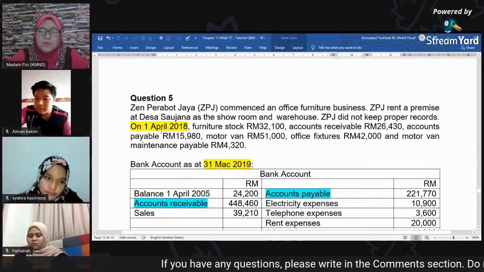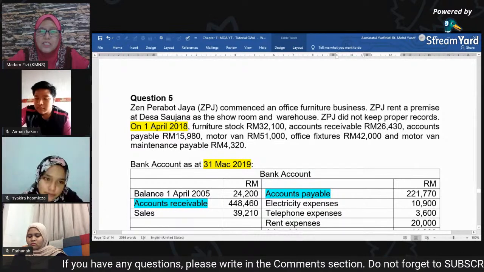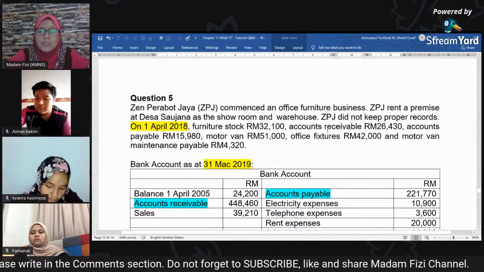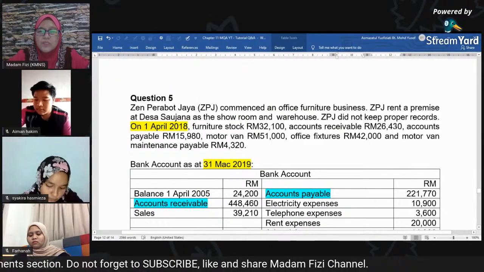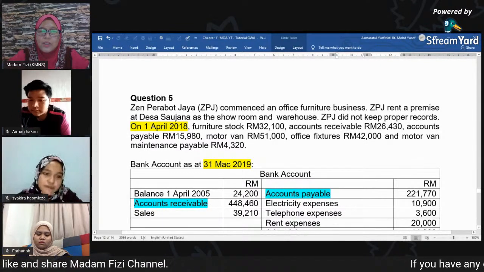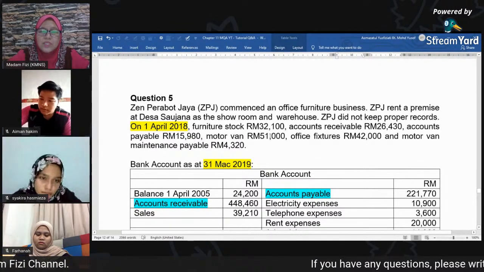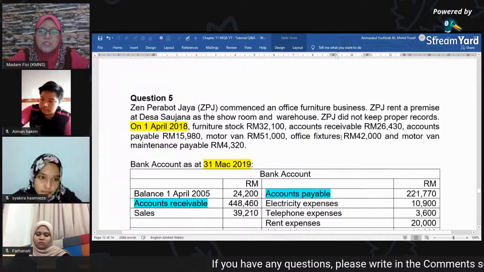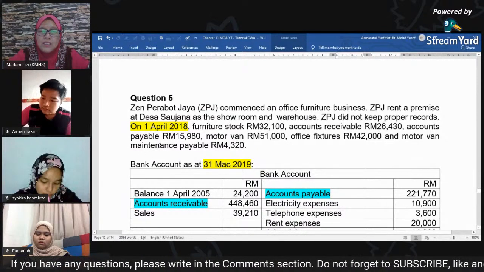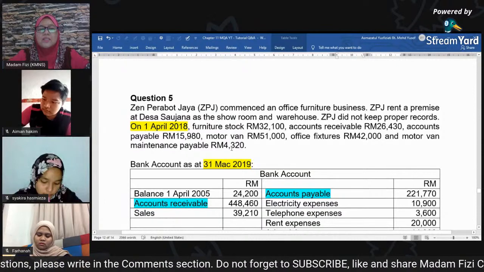On 1st April 2018, furniture stock is 32,100, accounts receivable is 26,430, accounts payable is 15,980, motor vehicle is 51,000, office fixtures is 42,000, and motor van maintenance payable is 4,320.